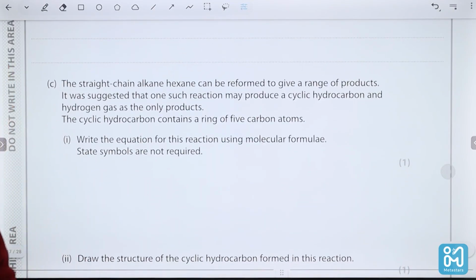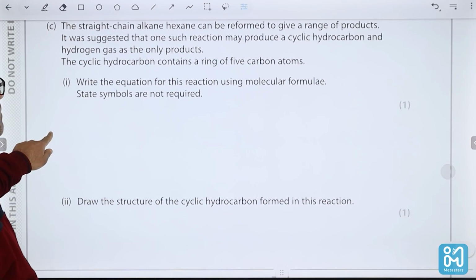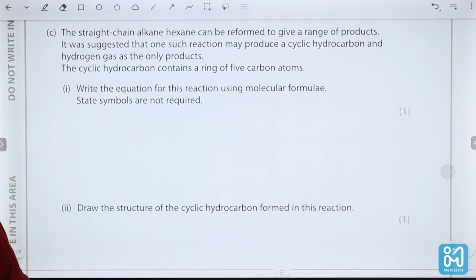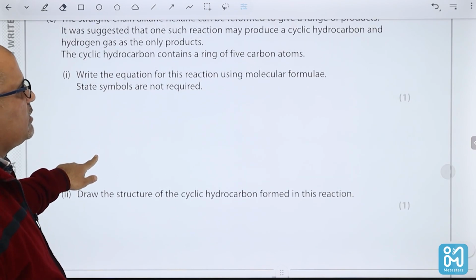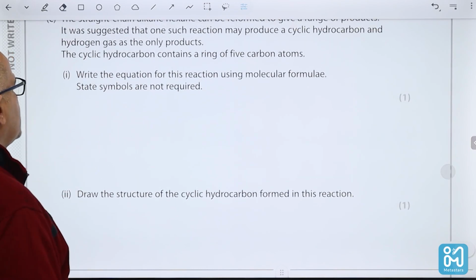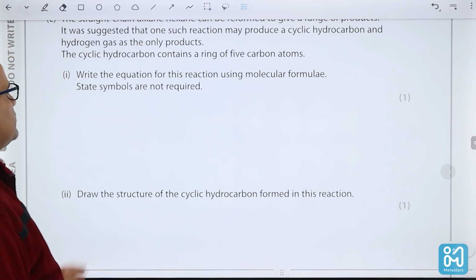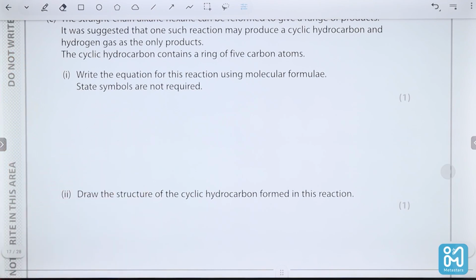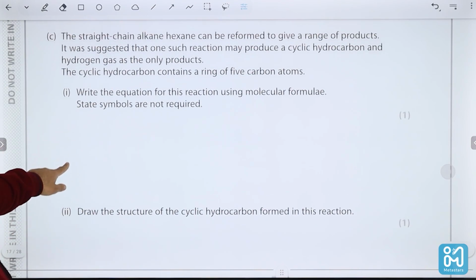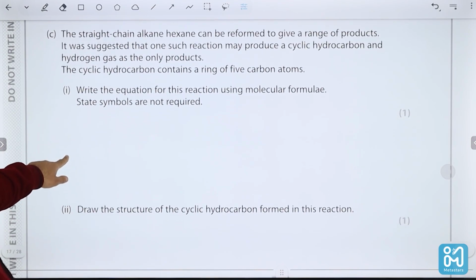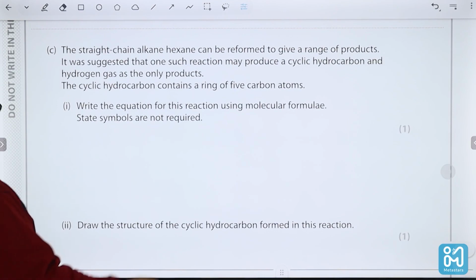The straight chain alkane hexane can be reformed. Give the range of the product. It was suggested that such a reaction may produce a cyclic hydrocarbon and hydrogen gas as the only products. The cyclic hydrocarbon contains a ring of 5 carbon atoms. Write the equation for this reaction using molecular formulae. State symbols are not required.